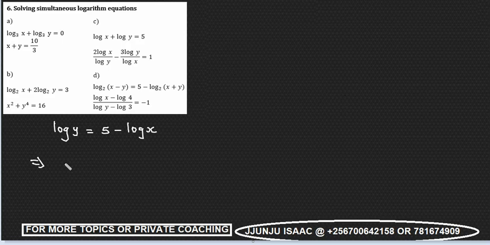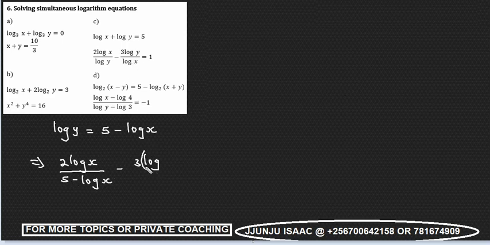So we get 2 log x divided by 5 minus log x, then minus 3 log y divided by, no, log y we are going to substitute with 3.